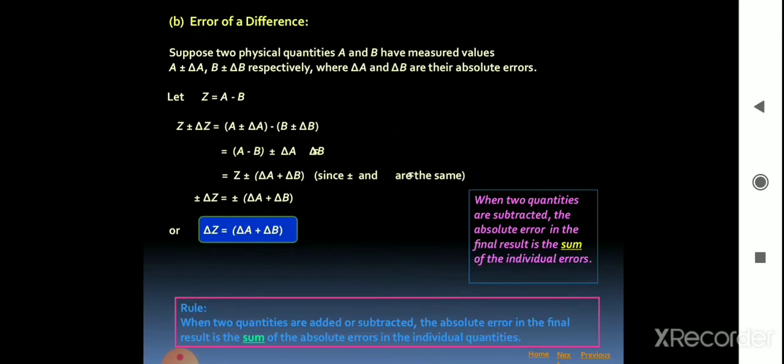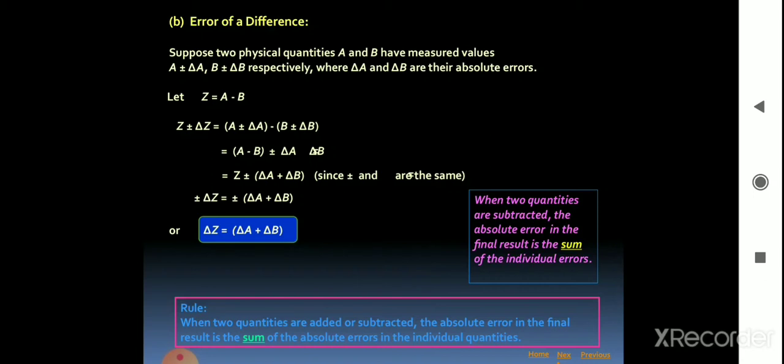Now error of a difference. In the combination of error, the error of a sum or a difference, in both cases we are getting the same errors. So we are considering that as one combination, but while explaining in the slides I am explaining it differently.